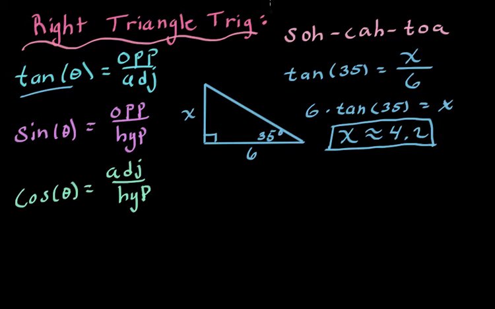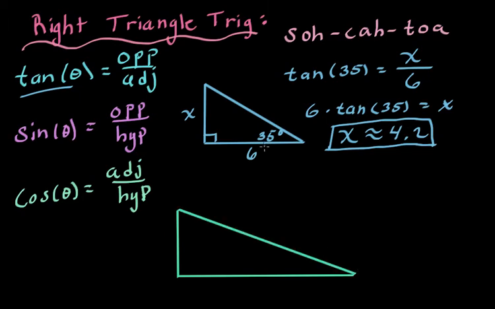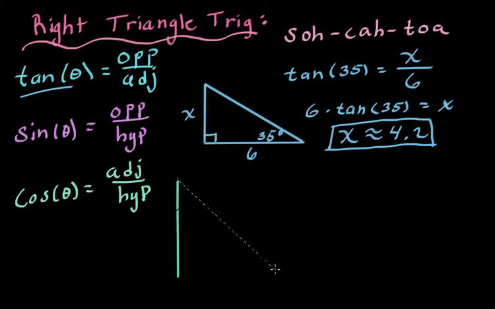So let's say we have another right triangle. A little different. You know what, let me redo that. Let me do something a little bigger. Let's do this. Close enough.